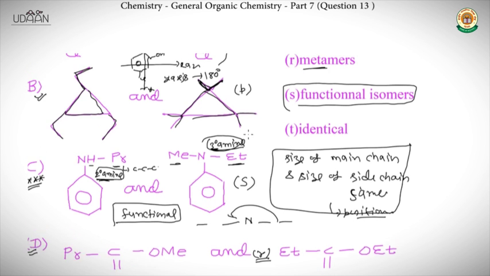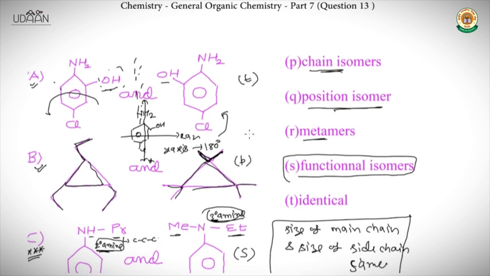So when you talk about isomers, chain isomers are those with different size of main chain or substituent chains. Position isomers have the same main chain and side chains, but only the positions are different.